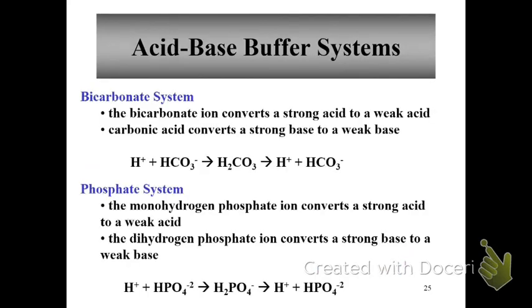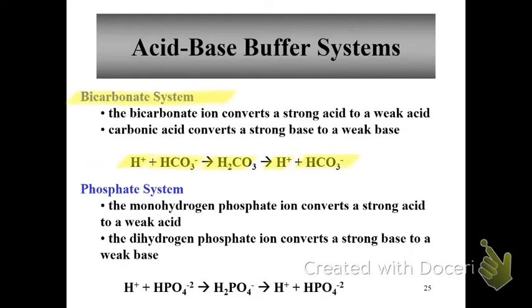Okay, so this slide's important. So we're on slide 25. Bicarbonate system, so that's just your buffer system, the first one. Okay, so what it does is it takes the hydrogen proton plus the bicarbonate right there, and that's going to make carbonic acid, and then the carbonic acid is going to make a hydrogen proton plus the bicarbonate ion. So what I would probably do if I were you is write in what those symbols are.